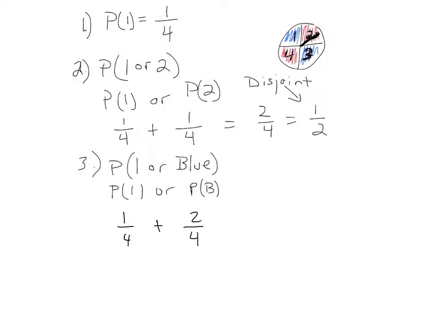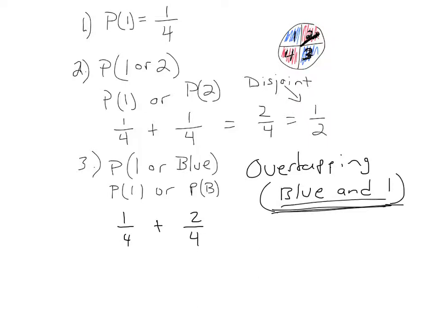But there's a problem here. These events are overlapping, because there is a blue that contains a 1. There is a blue that's also a 1. So we need to subtract for our overcounting.